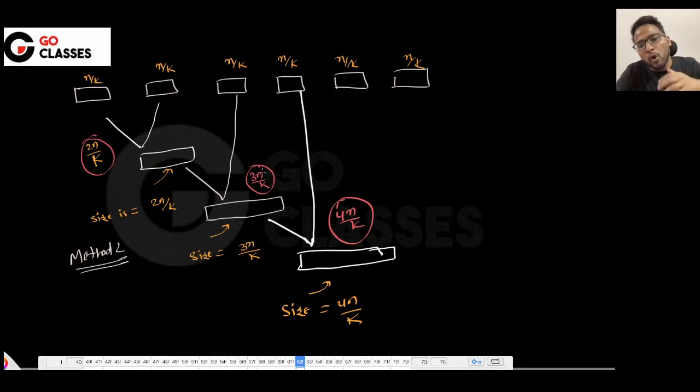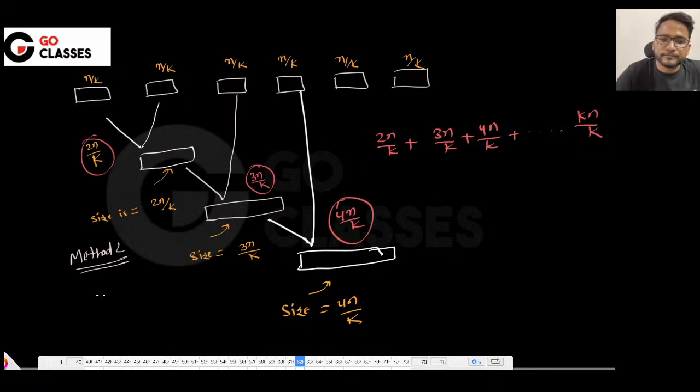It's not like you only incur 4n/k; you already incurred the earlier ones. So the total cost is 2n/k plus 3n/k plus 4n/k. Similarly, finally, these are the k arrays, so you will have kn/k, something like this.